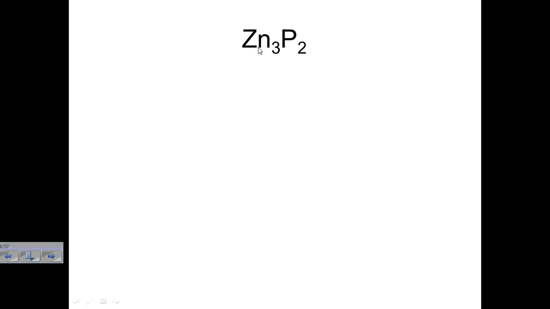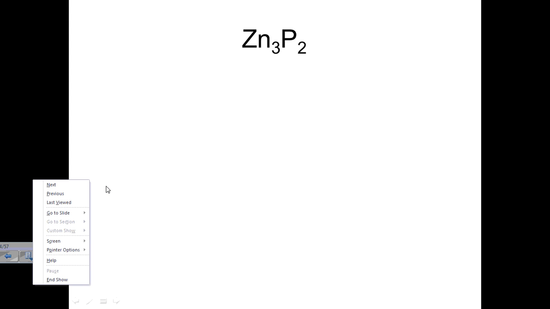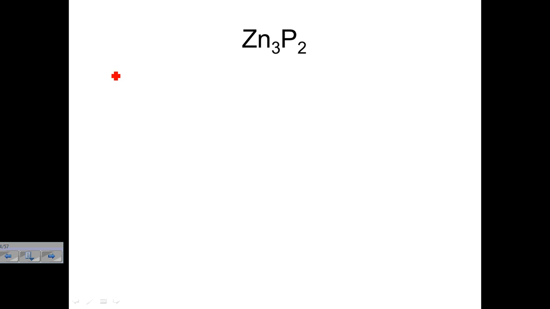Zn3P2, zinc phosphide with a 2. So I have zinc and phosphide. Let's try to figure out its real name. SCAC method to the rescue. I have to split up my atom here.